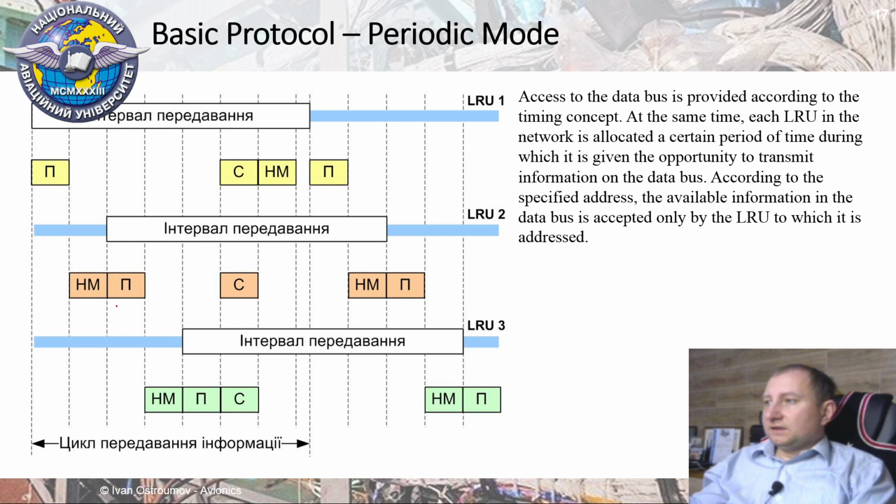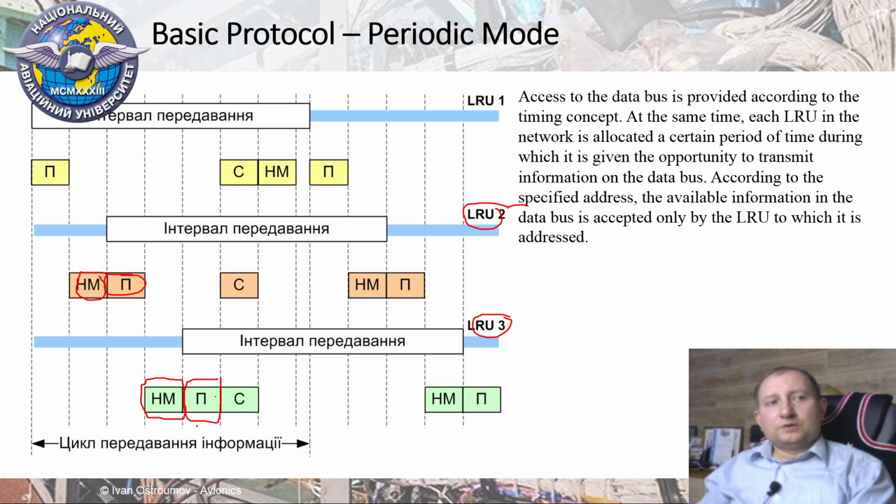After the end of the time slot for the second LRU, we go to the third LRU, and the same idea. The third LRU needs to issue the number or name of its module, and then it will issue the sequence of messages during the specified time frame for this third LRU.